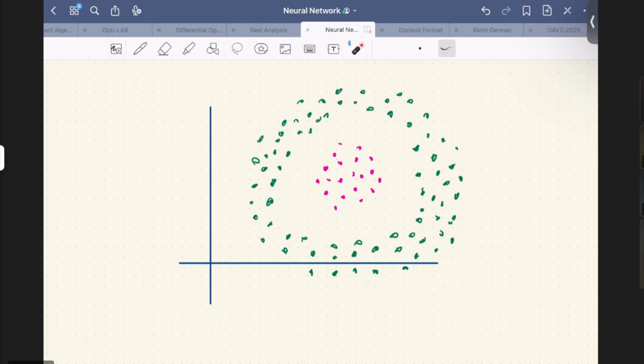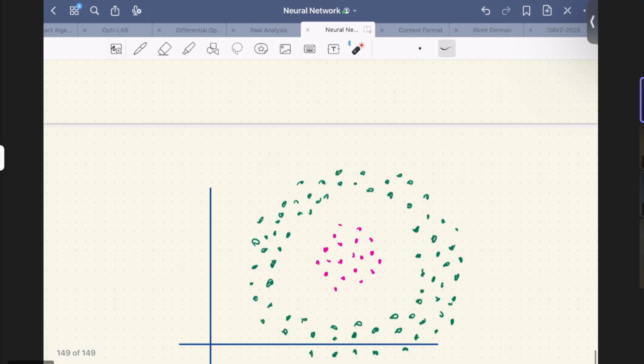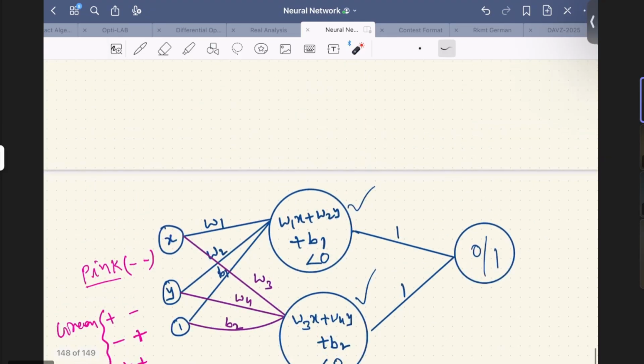So instead of using a linear equation, if we use the equation for circles, degree 2, then we can separate. No, I understand, but we don't have such a network.